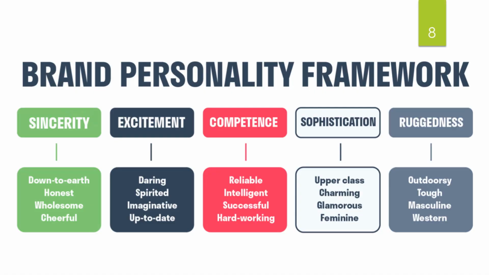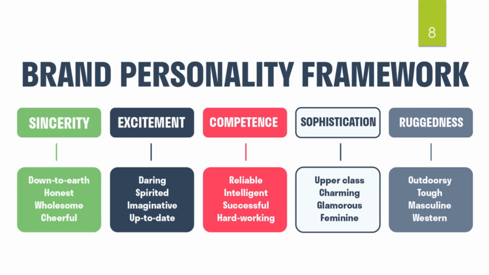So if you are that sort of company, then you should stick to principles that function around the sincerity personality in your brand framework. If you're exciting, stick to excitement. If your company or your product is daring, spirited, imaginative, and up to date, a lot of tech, like for example Apple, would fall under excitement.